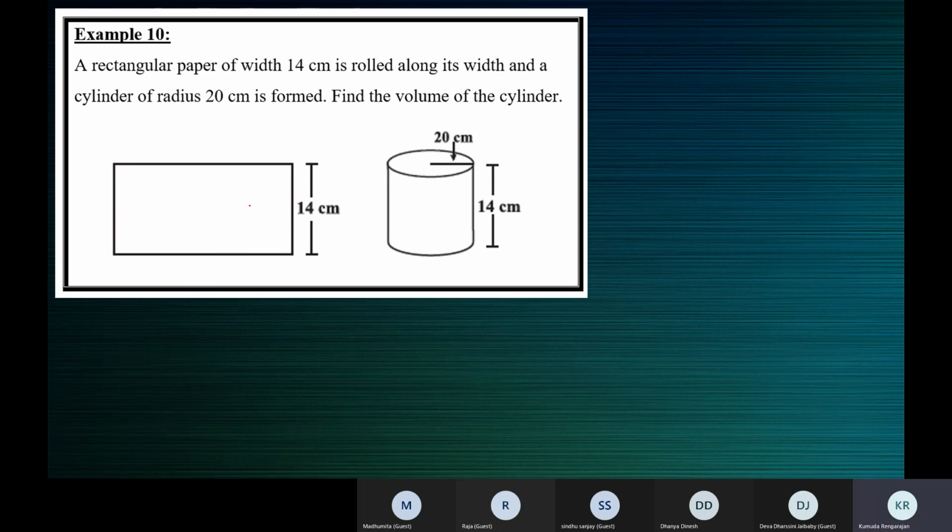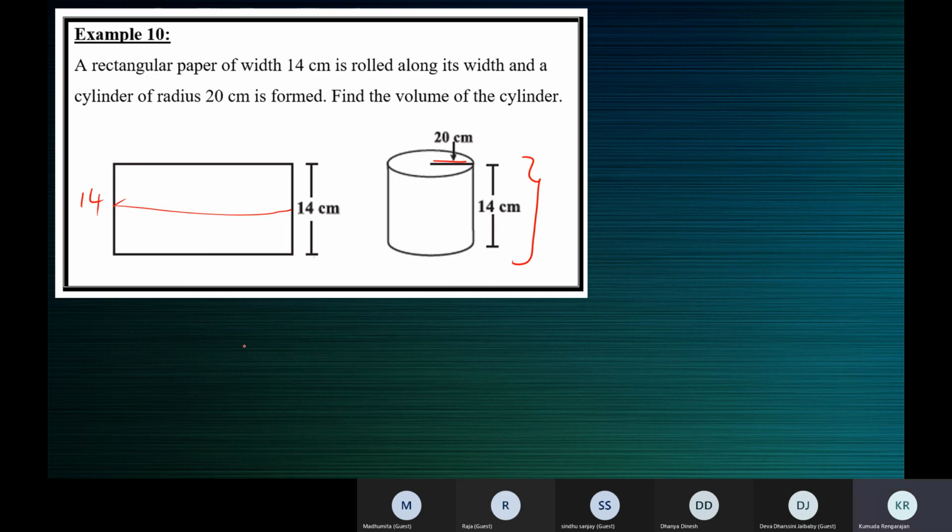So we have a rectangular piece of paper of width 14 centimeters. We bring the opposite sides together, roll it, and we get a cylinder of height 14 centimeters. The radius of the cylinder formed is 20 centimeters.